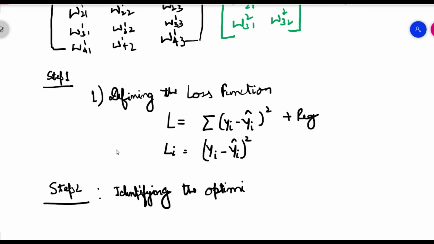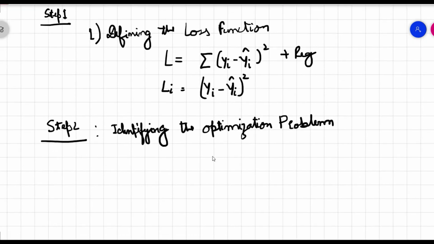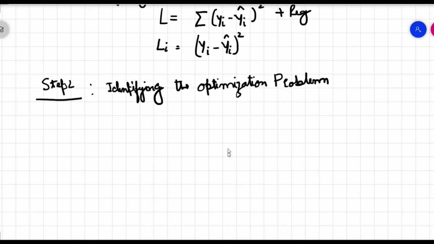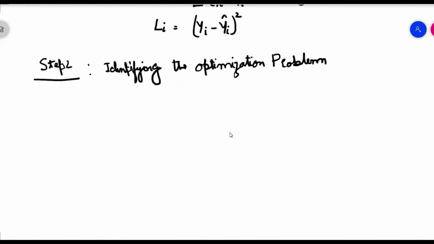And what exactly is the optimization problem? What are you exactly optimizing? You are trying to find the value of the unknowns in your loss function such that your loss function minimizes, such that the loss value calculated using your loss function minimizes. So that is your optimization problem.